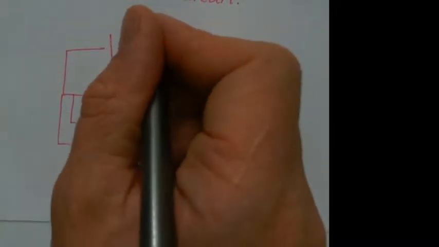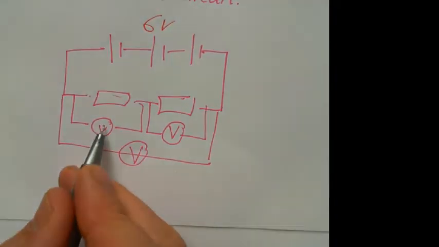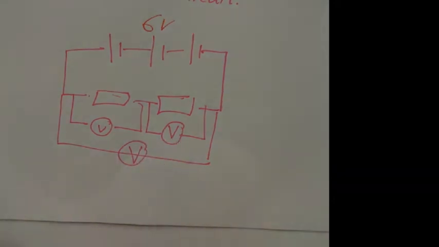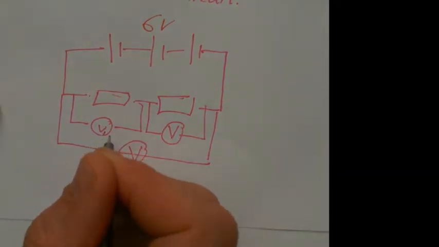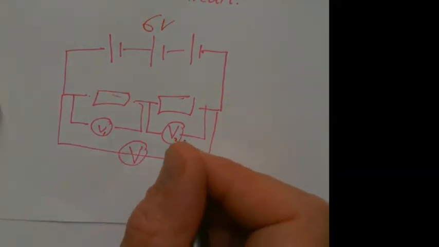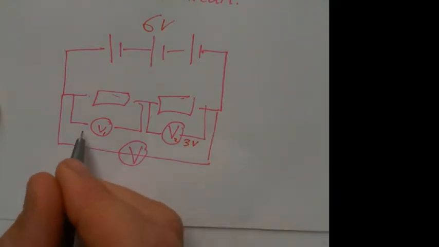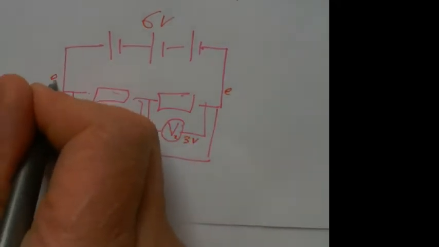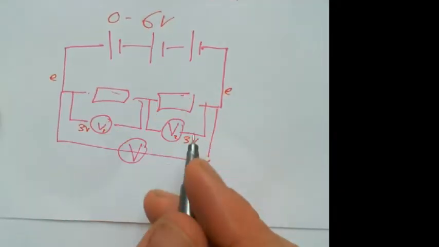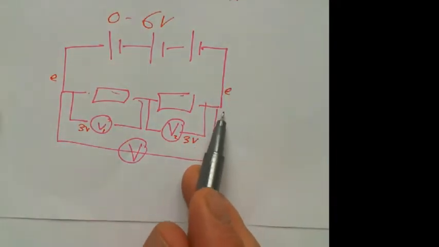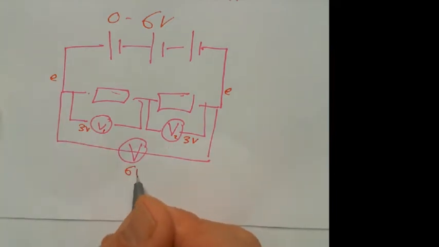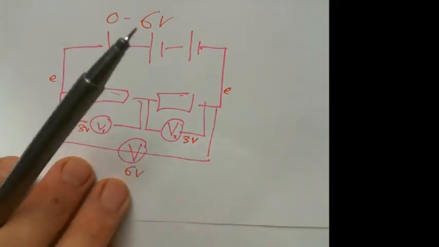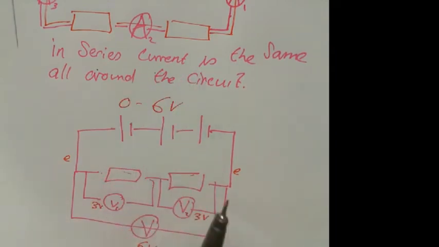If this is 6 volts, then I know that these 2 have to split that energy evenly. So this one is going to be 3 volts, and this one's going to be 3 volts. And the difference in energy that an electron has here compared to an electron here is going from 6 volts to 0 volts, so that's 6 volts.